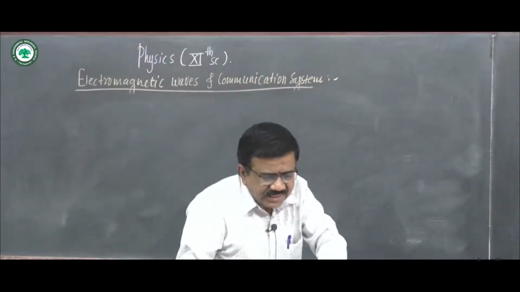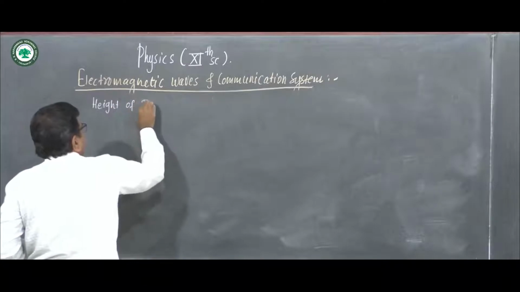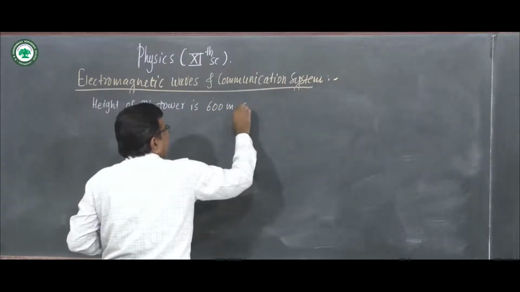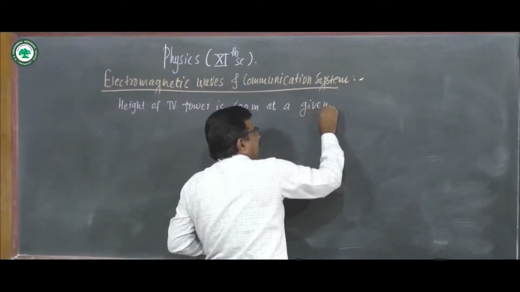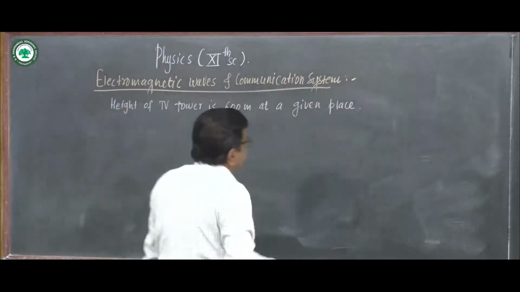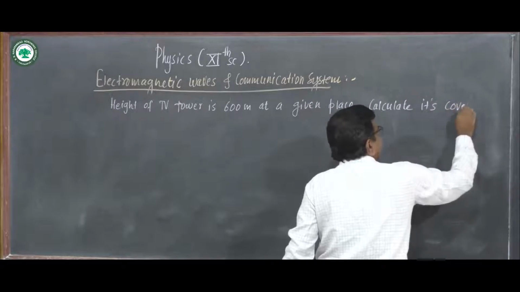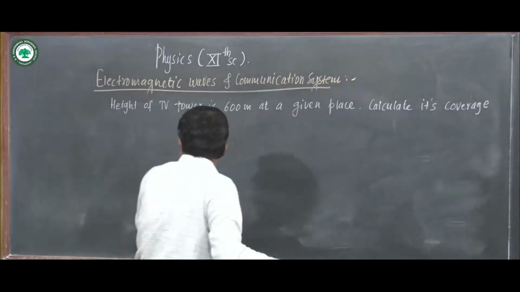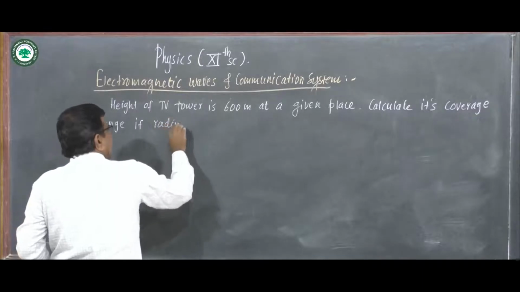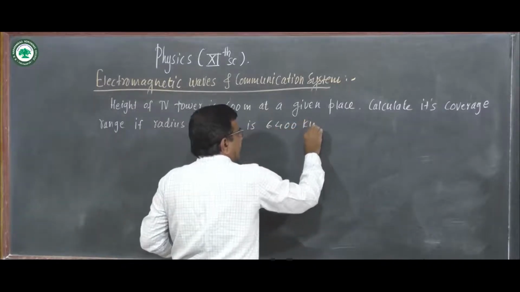Height of TV tower is 600 meter at a given place. Calculate its coverage range, if radius of Earth is 6400 kilometer.